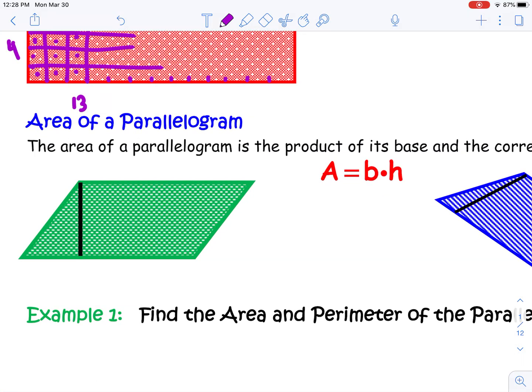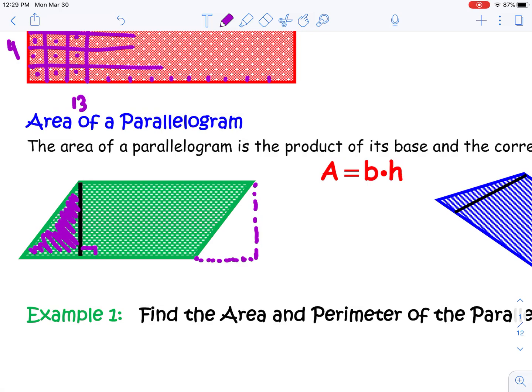And in fact, if we draw in the height, as you can see here, directly perpendicular to the base of the parallelogram, what ends up happening is we divide that figure into 2 parts. And in removing the part on one side, that triangle, we can reattach it on the other side in order to create a perfect rectangle.